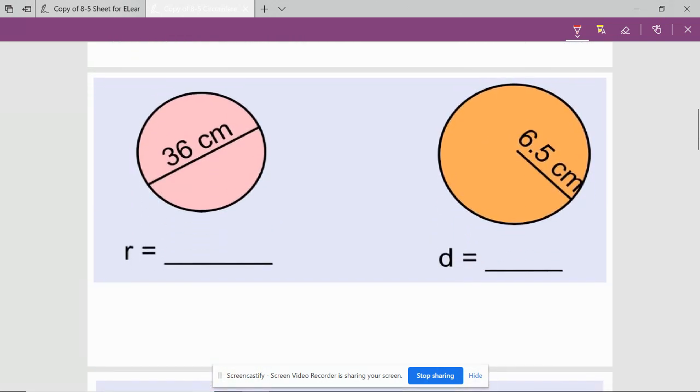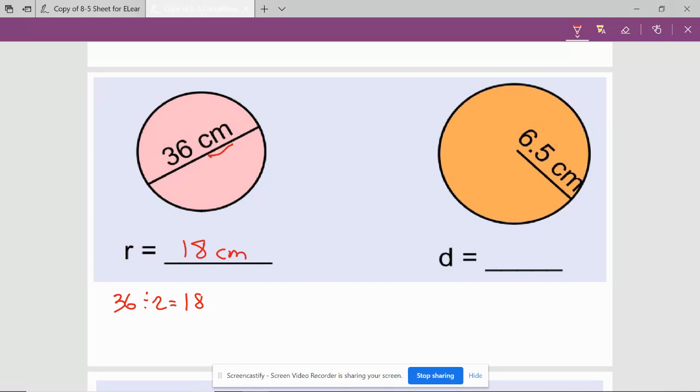As we go to this page, it asks us what the radius and the diameter are on these two problems. If the radius is half of 36, we're just going to take 36 and divide it by 2. That's going to give us 18. So our radius is 18 centimeters. Make sure that we're labeling.